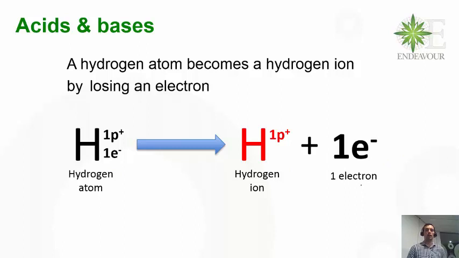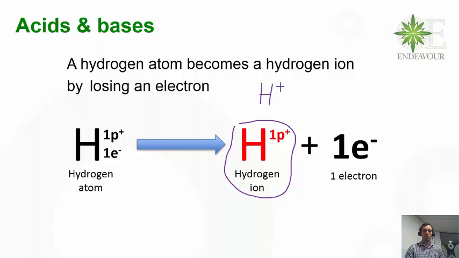So you can imagine that electron could be accepted by another component, or it may just be jettisoned and released. So the important part of what we've got on this slide is the fact that once the hydrogen atom loses that electron, it now has one positive charge and no negative charges. And that's what we have for the hydrogen ion. And we can summarize that as being H plus.